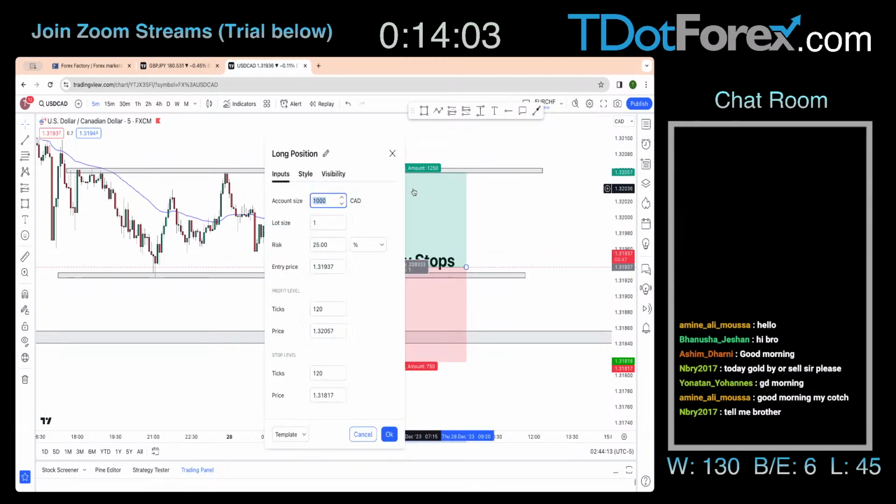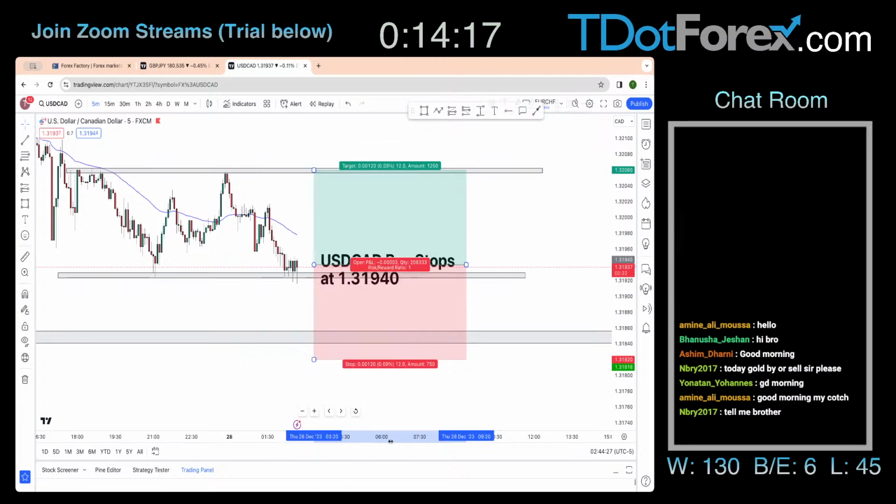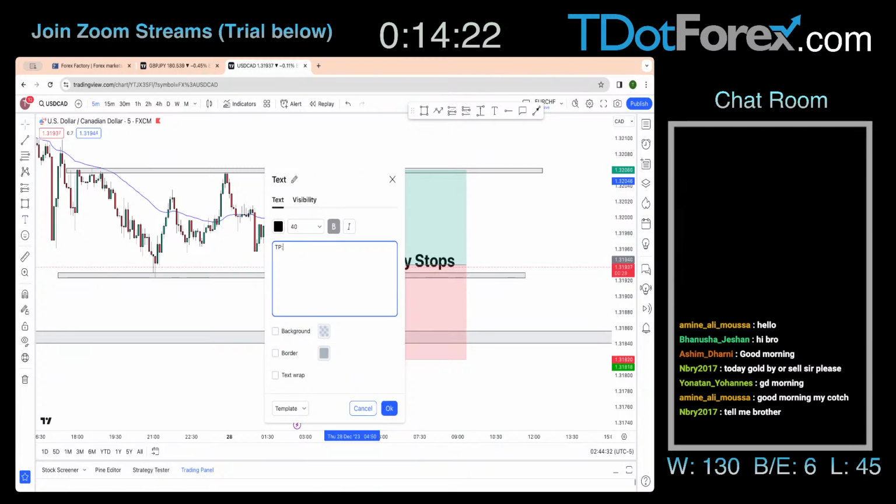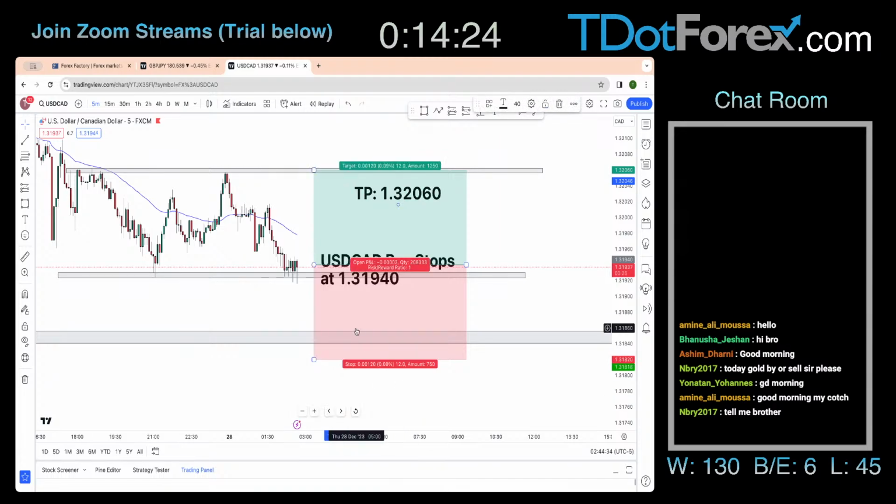And let's get this ready as well. 940. And we've got a 15-minute candle coming up here. So let me see if I can get this right off the bat here. TP. We are not going to take a chance on this early here.